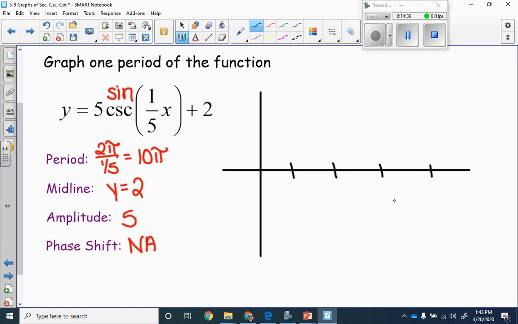Alright, so I'm going to start out with my period, which is 10 pi. 1/4 of 10 pi would be 10/4, which would be 5/2. So 5 pi over 2. This would be 10 pi over 2, which would be 5 pi. And then we'd have 15 pi over 2 would be the other value here.